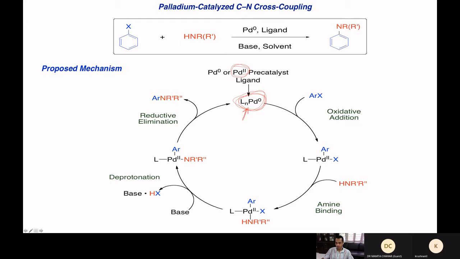If you are not able to generate ligand palladium 0, this reaction will not go forward. Now the oxidative addition into the aryl halide, like bromobenzene, chlorobenzene, iodobenzene, happens right over here, and you get the oxidatively added product. The Ar group and X are added in here.